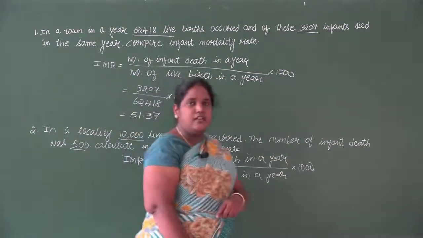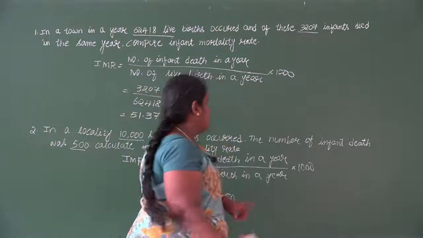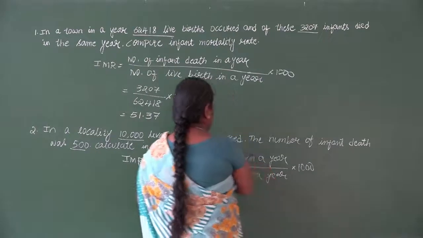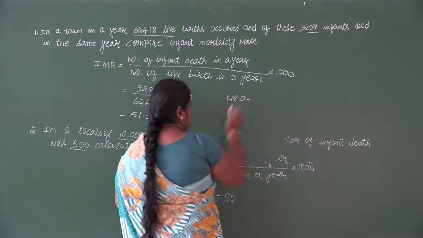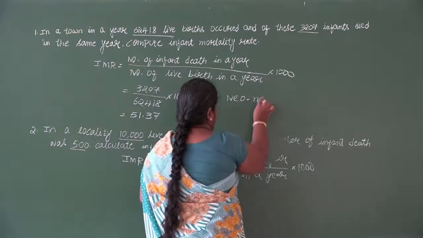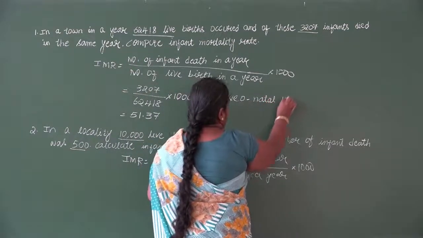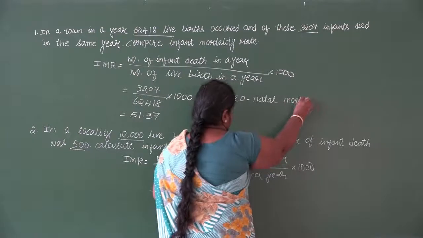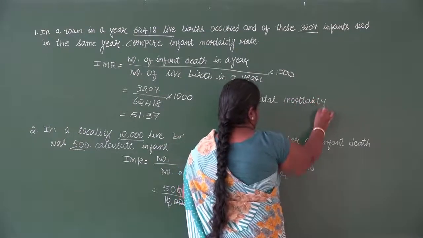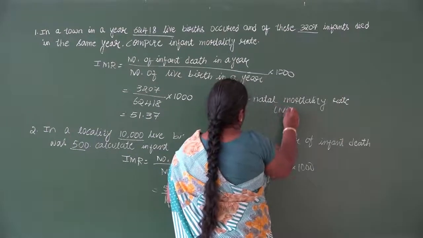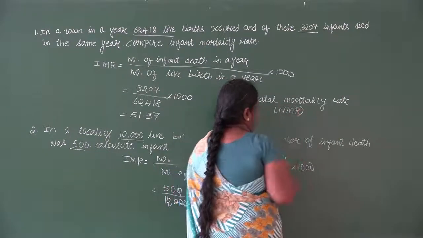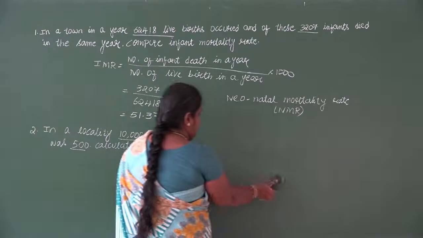So this is regarding the infant mortality rate. Similarly, we have one more method of the mortality rate, the neonatal mortality rate. It is almost similar to the infant mortality rate. What was the infant mortality rate definition?